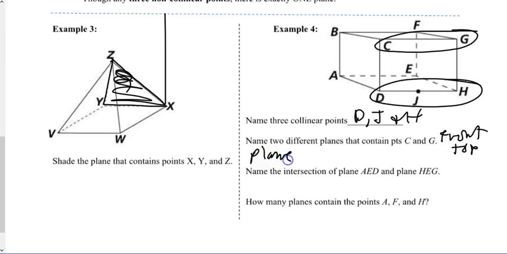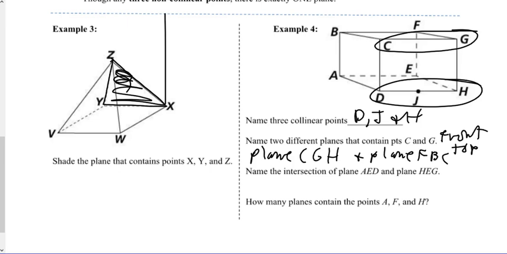So the front, I use any 3 letters, C, G, H, D. Pick any 3. You can use all 4, but you just need to use 3. C, G, H. And then for the top, I don't even have to use C and G. I can say F, B, C. I don't have to use the 2 letters given to me. I just have to name that plane.